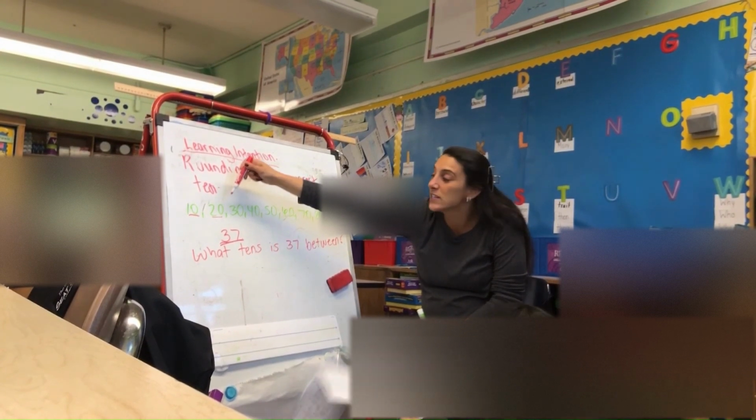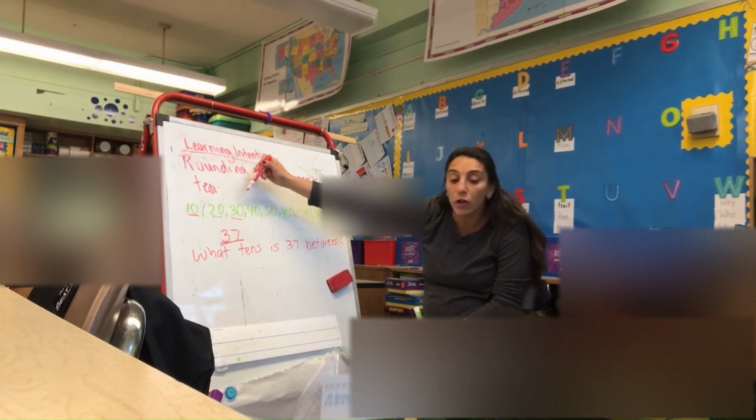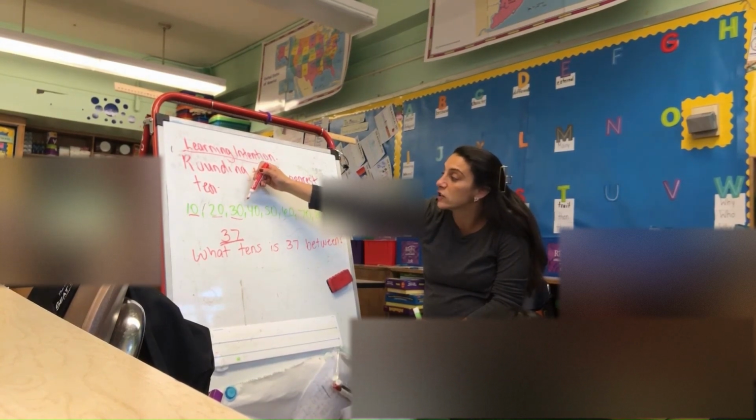Did I say 37 yet? We're not there yet. I'm in the 20s now. 21, 22, 23, 24, 25, 26, 27, 28, 29, 30. Am I there yet? No. Okay. 30, 31, 32, 33, 34, 35, 36, 37.